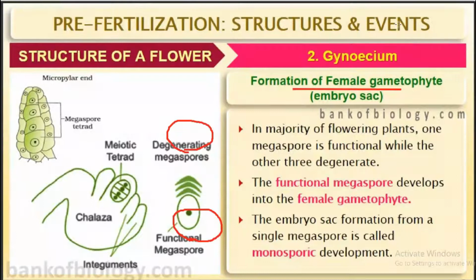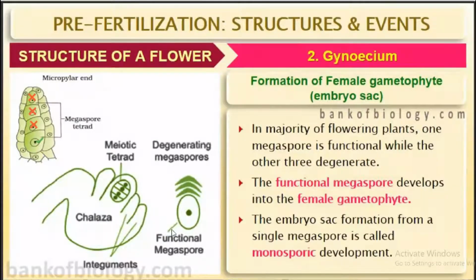Out of these 4 megaspores, only one megaspore is functional. The other three will degenerate, and only one functional megaspore remains.